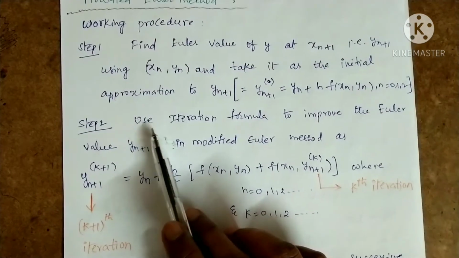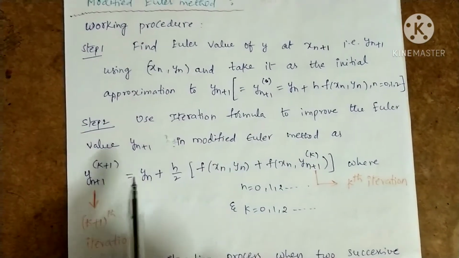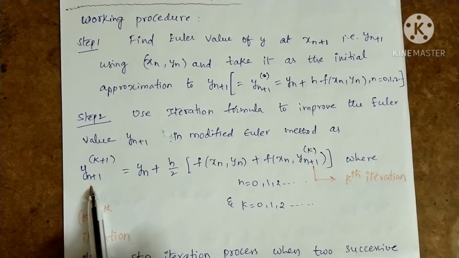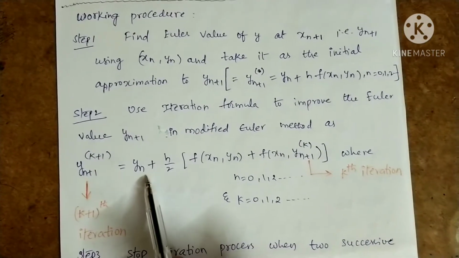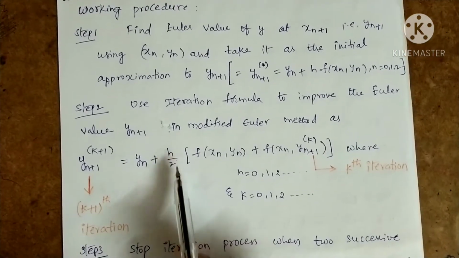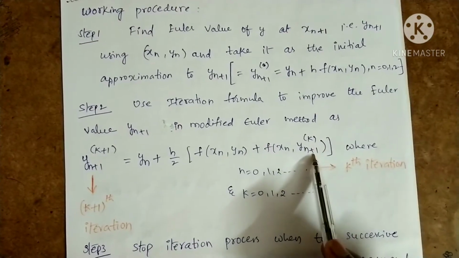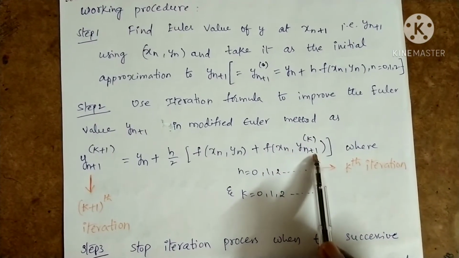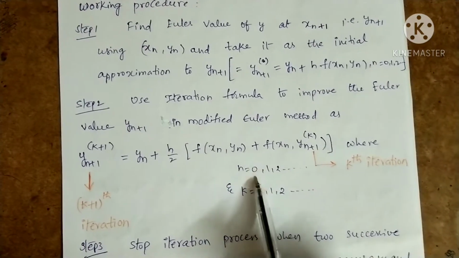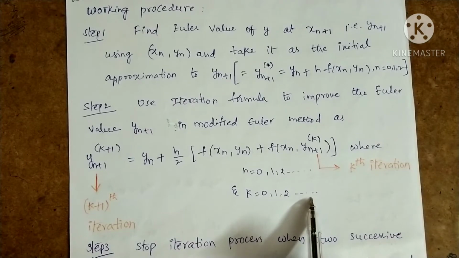In step 2, we improve y_{n+1} using the iteration formula of the modified Euler method: the (k+1)th iteration y_{n+1}^(k+1) is obtained from y_n + (h/2) times [f(x_n, y_n) + f(x_n, y_{n+1}^(k))]. This is the kth iteration to y_{n+1}, where n takes values 0, 1, 2, 3 and so on, and k also takes 0, 1, 2, 3 and so on.